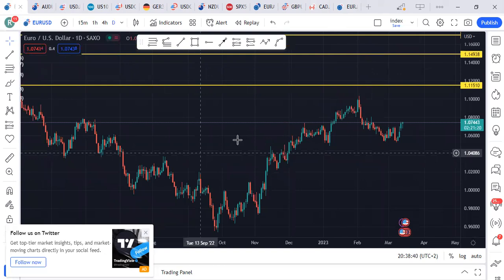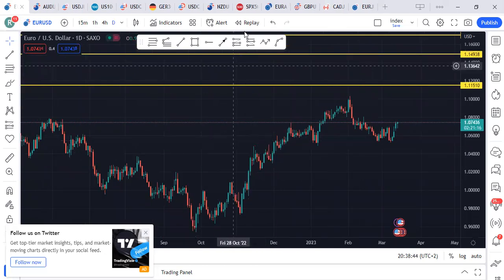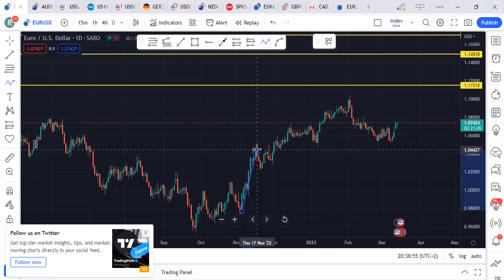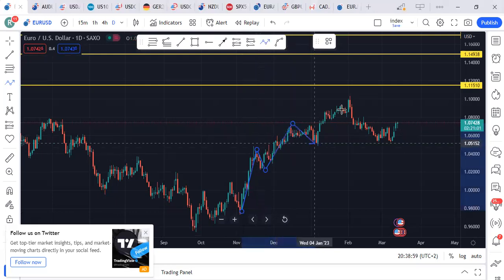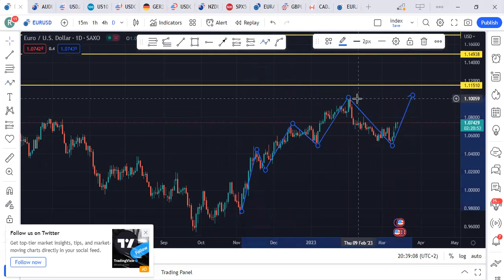Nobody has posted about this, but what I am looking at in terms of Euro USD is this beautiful trend that we are having here, which is high highs and high lows, where the market is trading just upside, giving us the idea that the market really wants to bounce and continue to the upside. Is that going to continue past this point? We can only be sure when it does that.